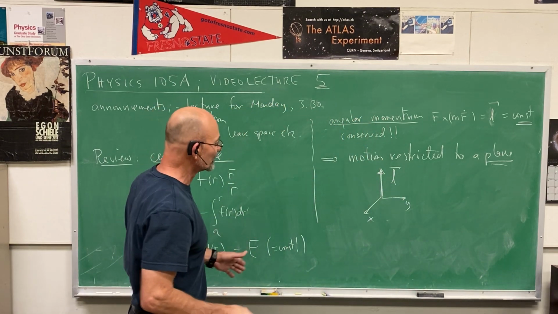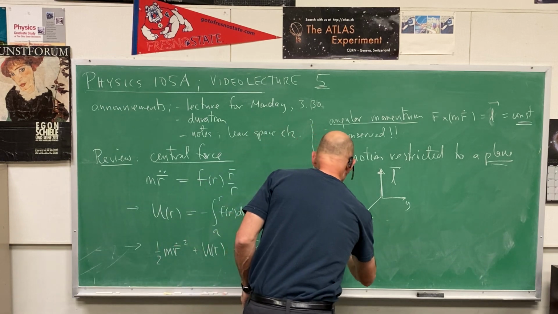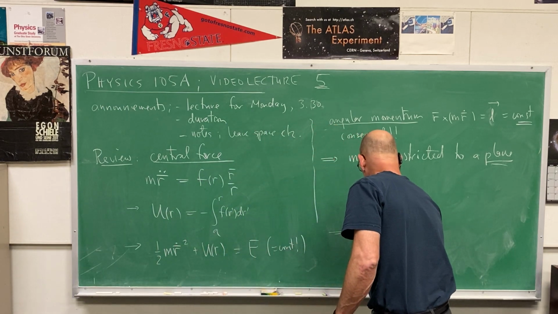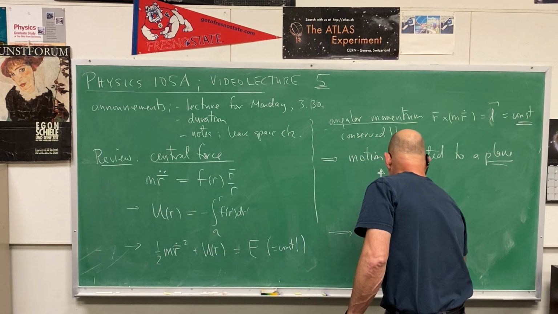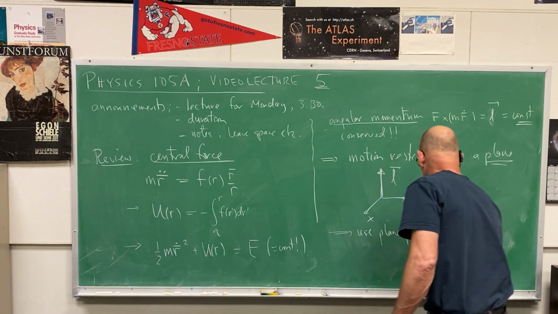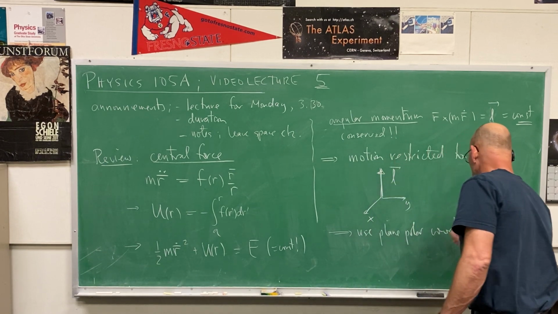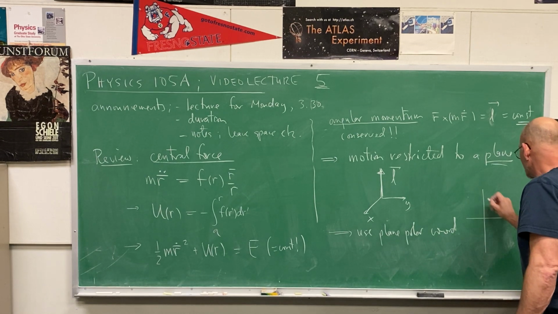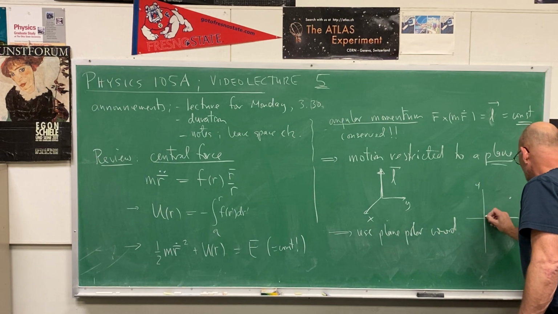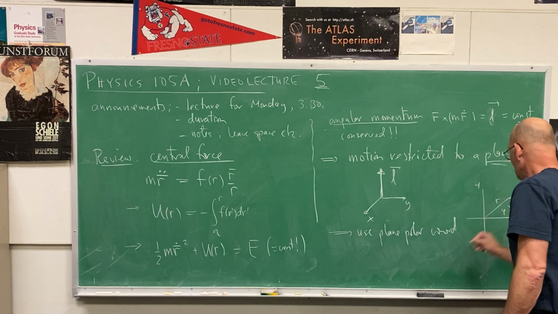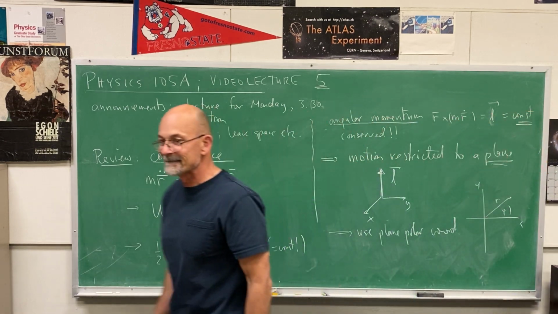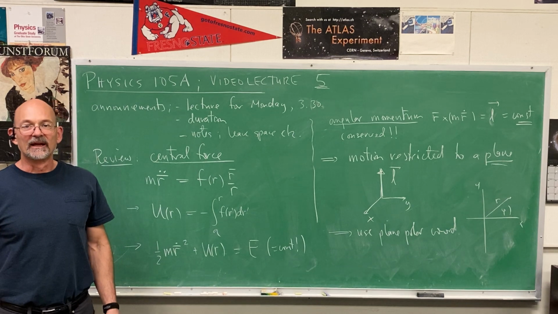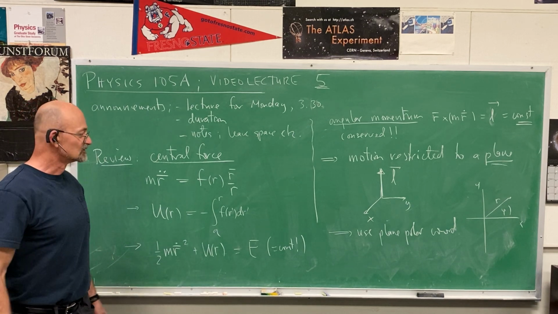So since the motion is restricted to a plane, we can use plane polar coordinates. If this is X and Y, you've got a point out here, r and phi. So far, so good.